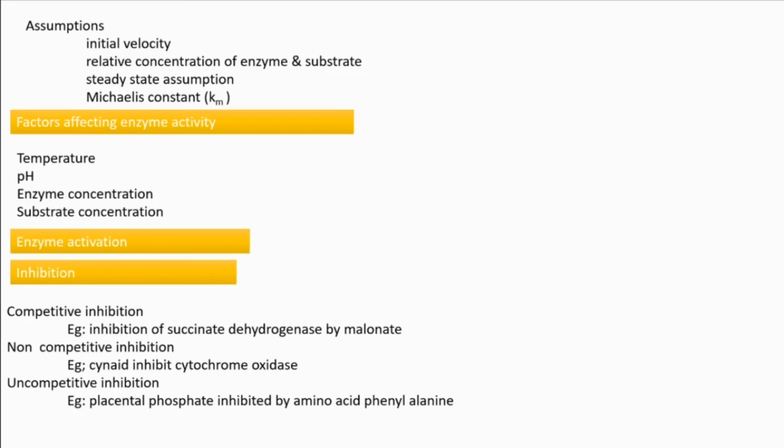Then in what way does it inhibit the enzyme catalyzed reaction? It binds a different site in the enzyme, and after binding, it modifies the structure of the enzyme's active site.